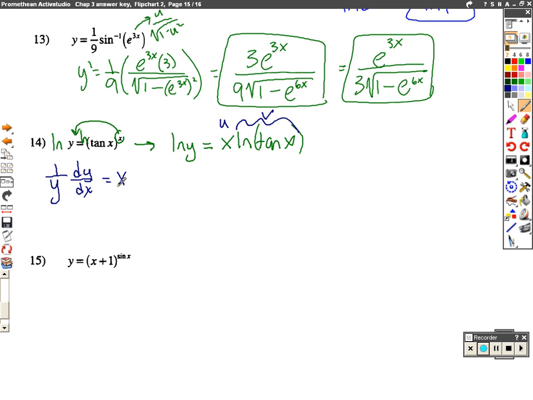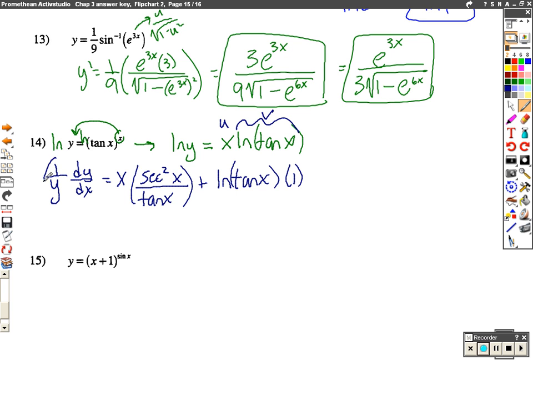So x times the derivative of v, the derivative of a natural log of something is u prime, which happens to be secant squared of x, over u, tan of x, plus v, which is the natural log of the tangent of x, times u prime, which in our case is just 1.